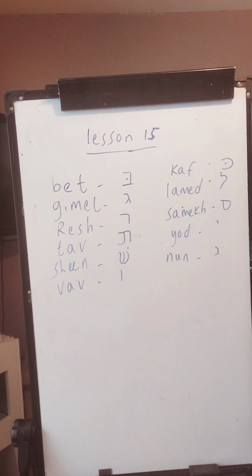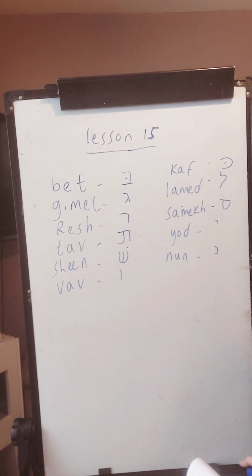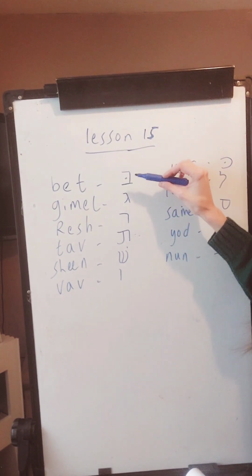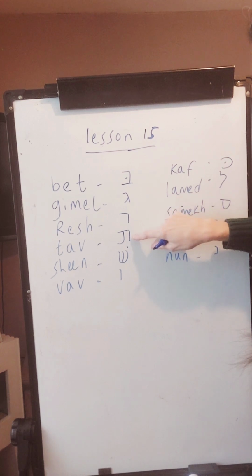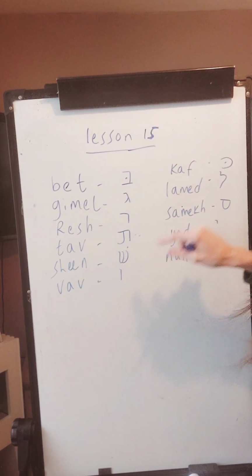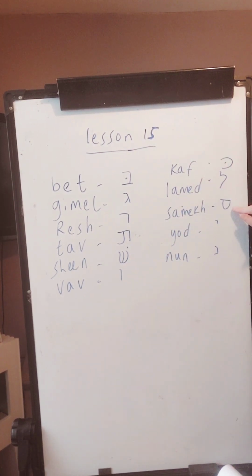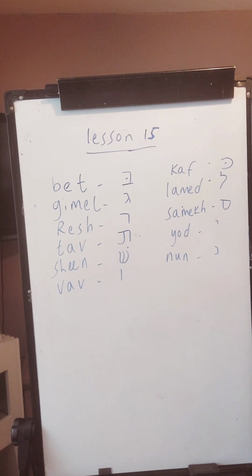Okay, so well done if anyone's learned all the letters. Also, if you can learn their sounds. So when you're reading them, ba, ga, ra, ta, sh, va, ka, la, s, ya, n. It helps if you know these sounds as you go on to read Hebrew.